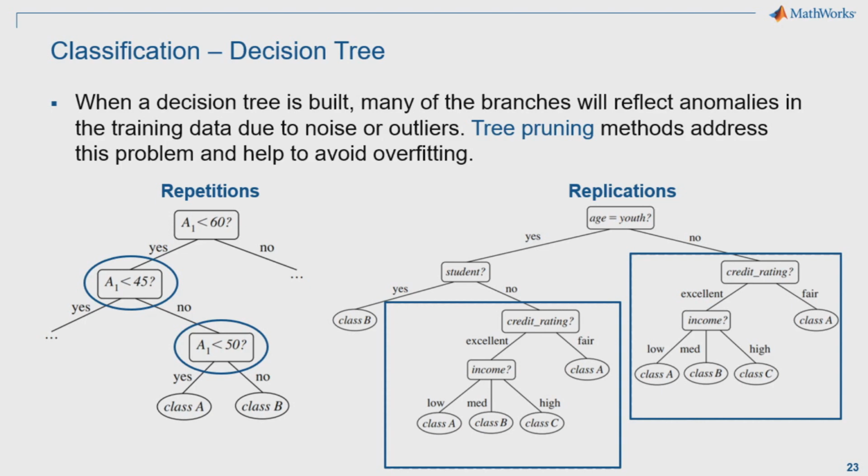But you also may encounter problems such as replication, in which an entire part of the tree is present on two different sides of your decision tree. These problems come from noise and outliers, and can be handled by pruning the tree, so by removing these pathological branches. In particular, this is also useful to avoid overfitting.